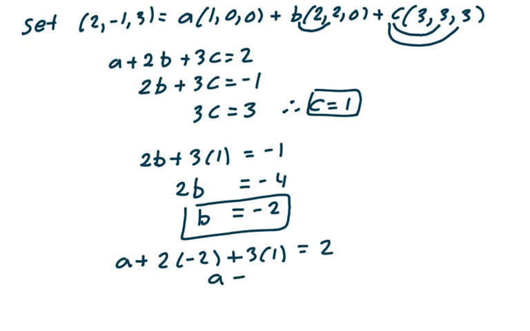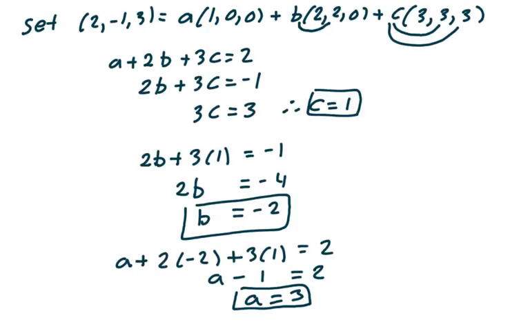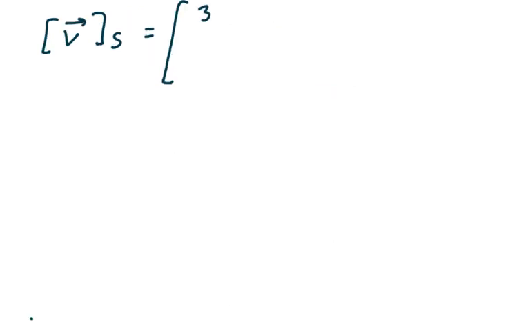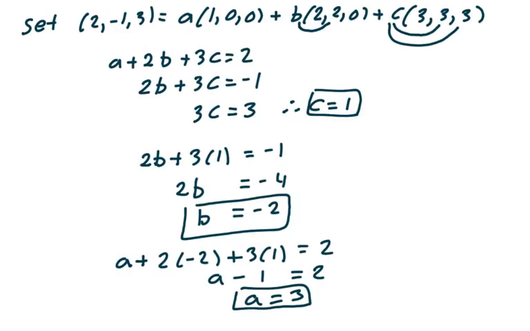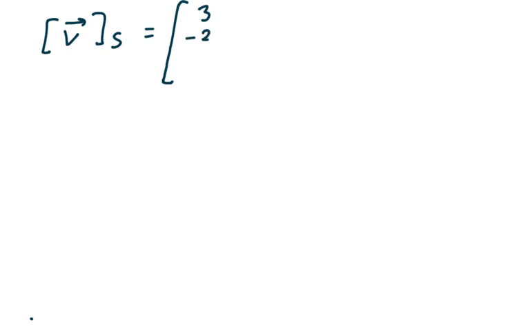So A minus 1 equals 2, A equals 3. And so, therefore, the coordinates of V relative to S are A is 3, B is negative 2, and C is 1.